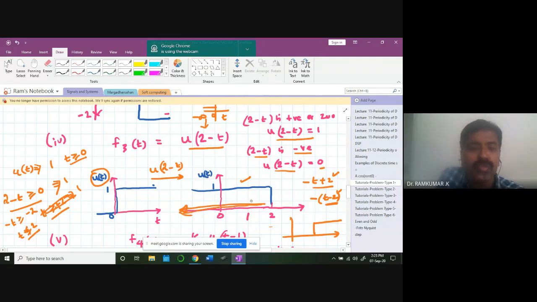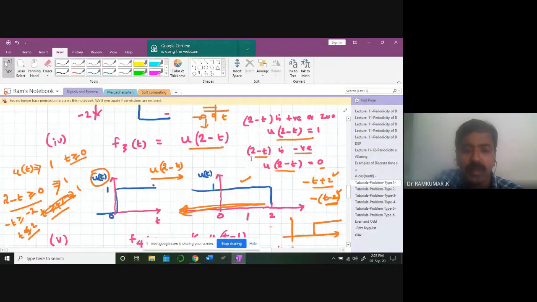For all those values you will be getting 1. Two minus t is negative for u of t minus 2 equal to 0.